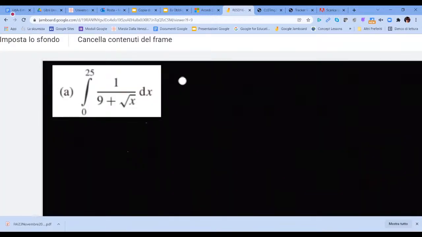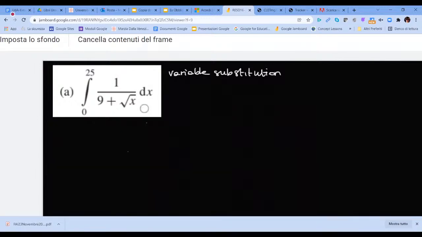Okay, so what do we have? In this case, we want to perform variable substitution, okay? That means that we choose something that is difficult to compute, and we substitute with some other variable that can represent our difficult expression.